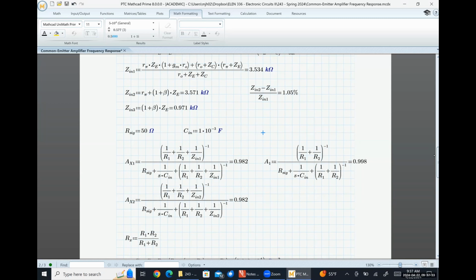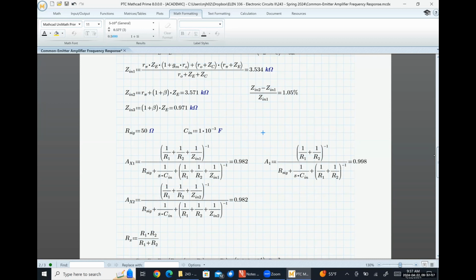I also, just to see how things would shake out, played around with making it an even easier approximation by just throwing away the R pi, and notice that that gave us 0.971 kiloohms compared to 3.5 kiloohms. To me, that was way too much error to consider acceptable.